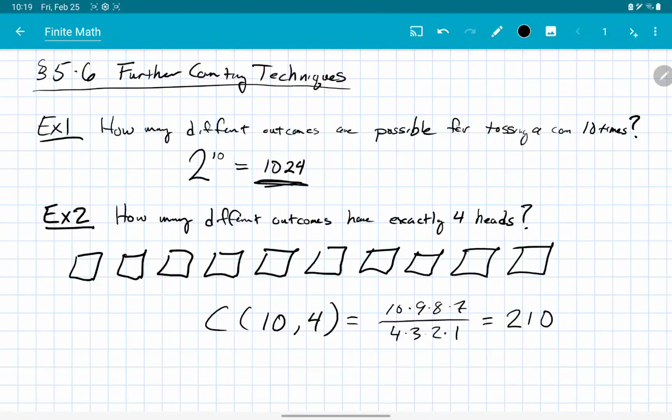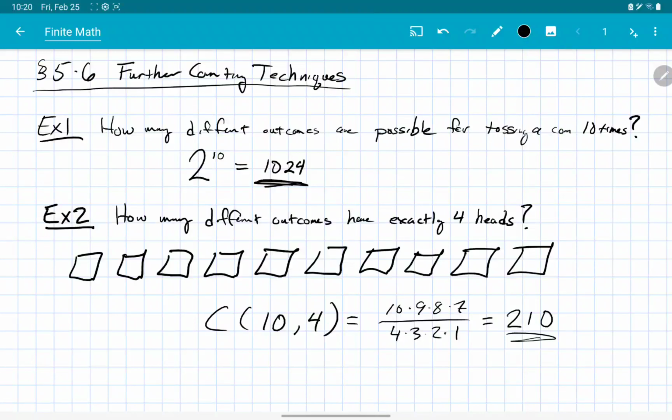Because there was 1,000 total, and this is a little more than 200. Okay, so we can expect 4 heads about 1/5 of the time, or 20% of the time, right? And we can expect 4 tails the same amount, right? So almost 1/2 of the time we would expect 4 heads or 4 tails, 40% of the time.